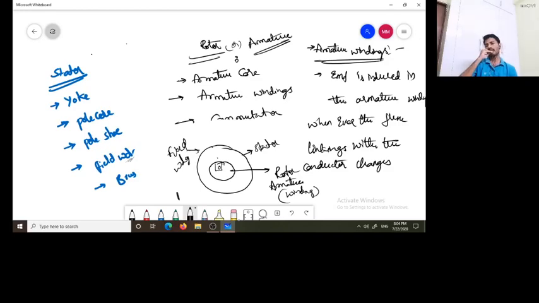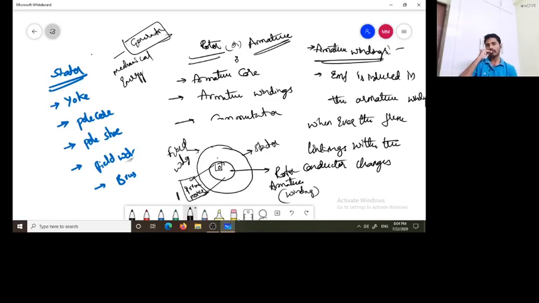Why are we calling them rotating armature conductors? What is the input of a generator? Generator input is nothing but mechanical energy, no? So we are giving a mechanical rotation. To whom? To the rotor of the generator, by using a prime mover.